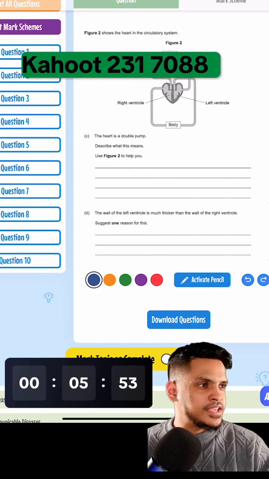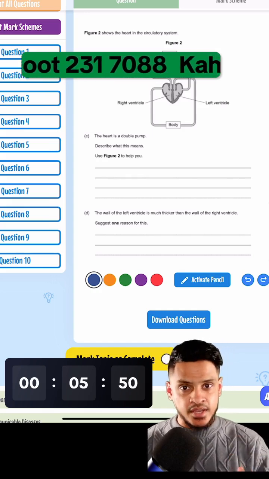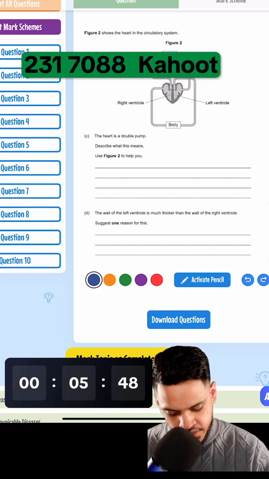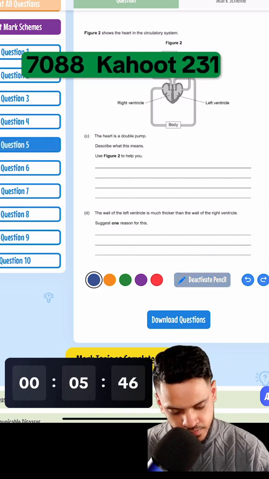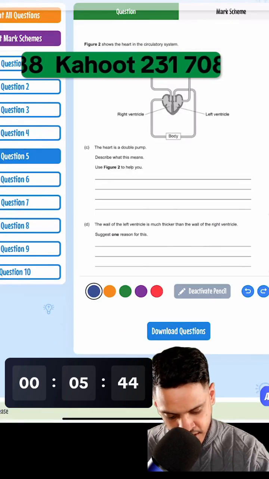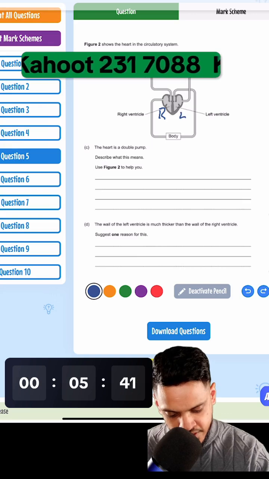So you can explain how each side, remember you have a left side and a right side, how each side pumps it to different parts of the body. So the right side is here, left side is here.